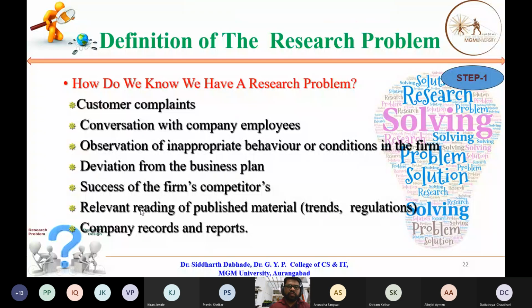Then observation of inappropriate behavior or condition, right? Deviation from the business plan. Most companies don't know how to handle the deviation. If the margin of income is decreasing, deviation will happen. Differences are coming, so many things.